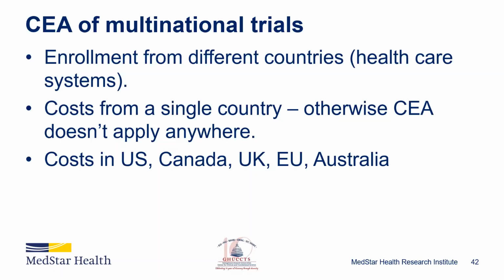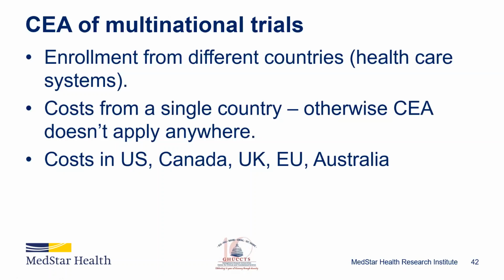And so what we do is we take costs from a single country and then do the analysis for the costs from a particular country. For example, where we can readily get costs, of course, are in the US and Canada, the UK, the EU, and Australia. It's really difficult to get costs from other countries.